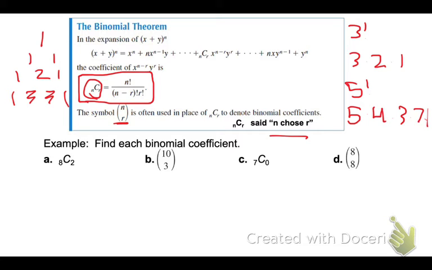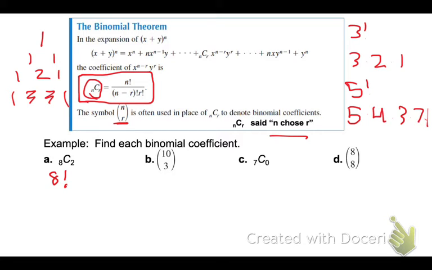So I could write out my Pascal's triangle, or I could use this formula right here. So it says n factorial, well, what's n? 8. So 8 factorial over 8 minus what? 2.